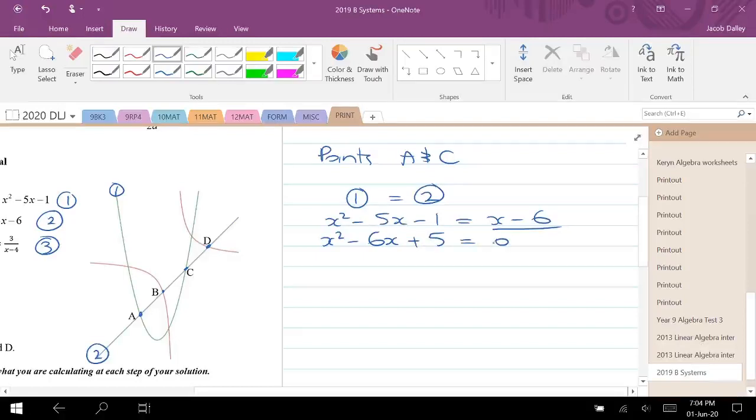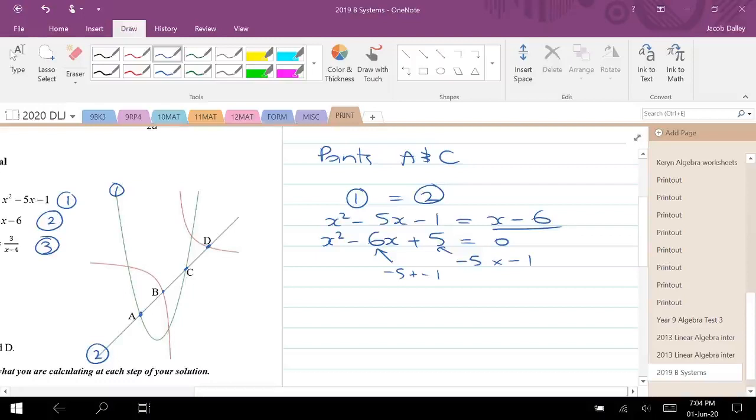Alright, now you can use the quadratic formula, but this is a relatively simple quadratic, and we want to use the factors of this last number. So negative 5 times negative 1, those also are going to add to the second number, negative 6.